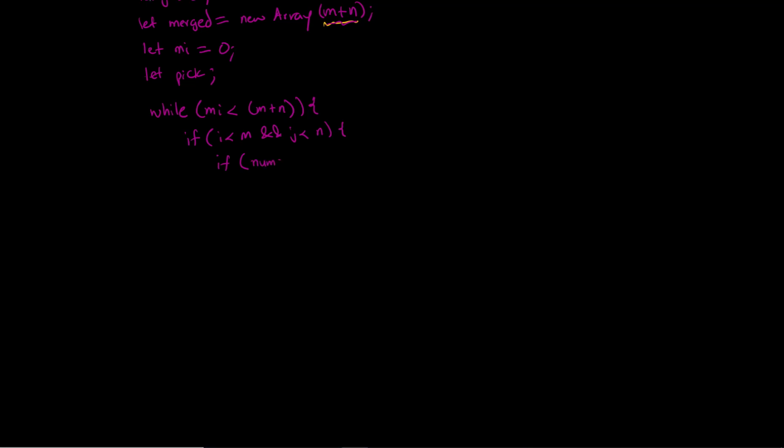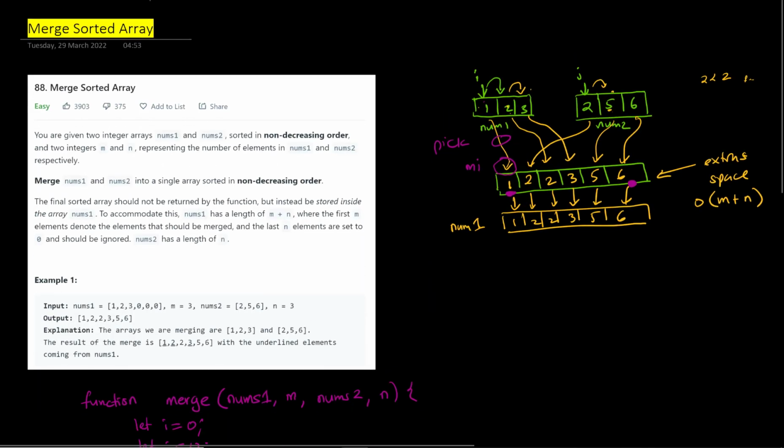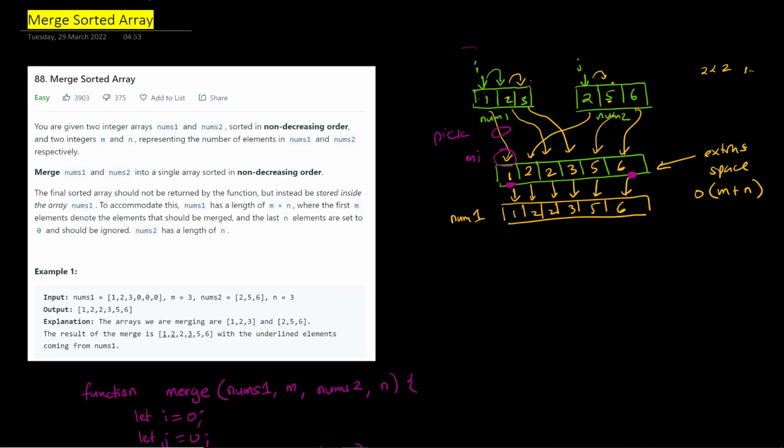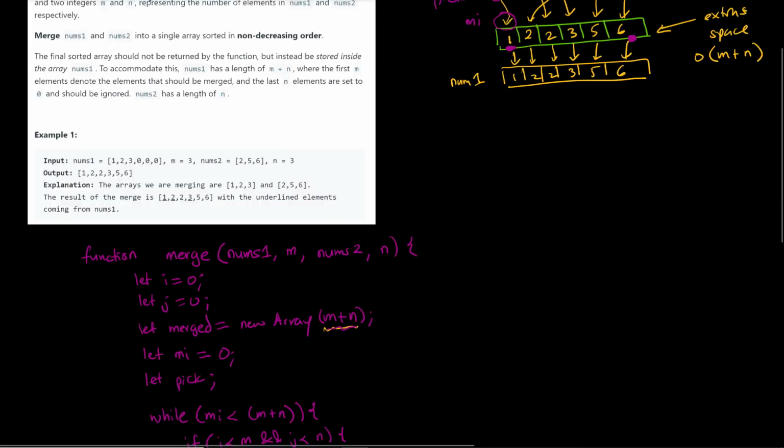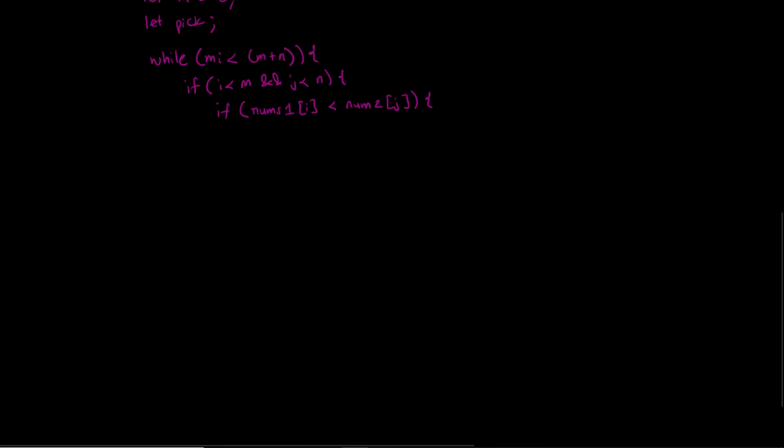So if nums1, that comparison I was talking about earlier, if nums1[i] is less than nums2[j], so we're comparing the value here and the value here, remember that explanation earlier on. If this is less, then we pick the lesser one.